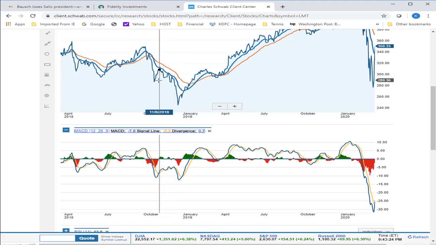You can see this buy point here was sitting on the MACD of minus 8.6 roughly, and this buy point here had a MACD of minus 10. So the strength of how far it went down provides a stronger rebound and a better reward to risk ratio.